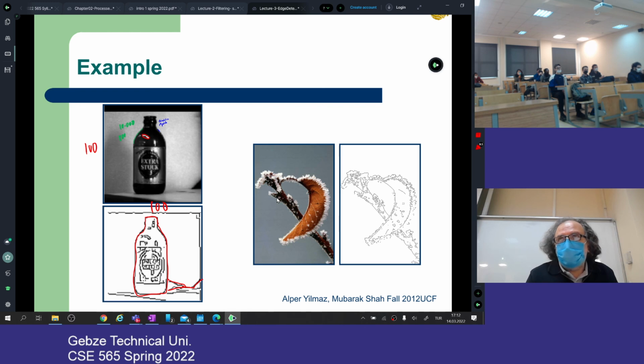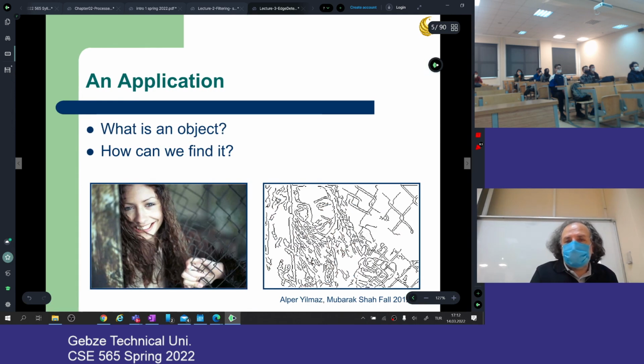Its purpose is to give you the sudden changes in the image intensity. That's what we are going to do. And sudden change in the image intensity means that you take the derivative with respect to x and y. Derivative is very good to detect those kind of stuff, and that's what we are going to do in this chapter.